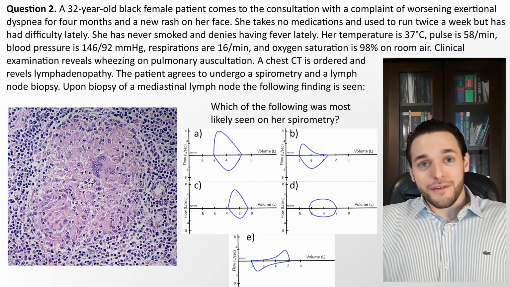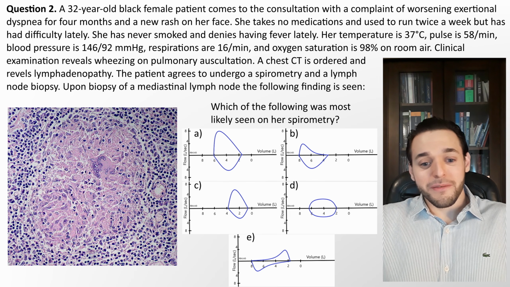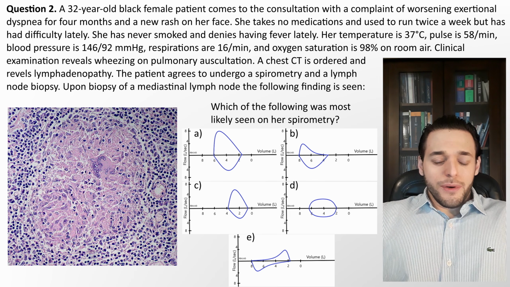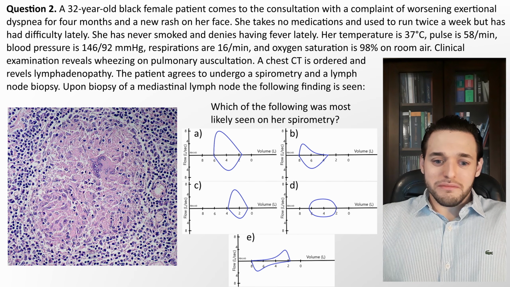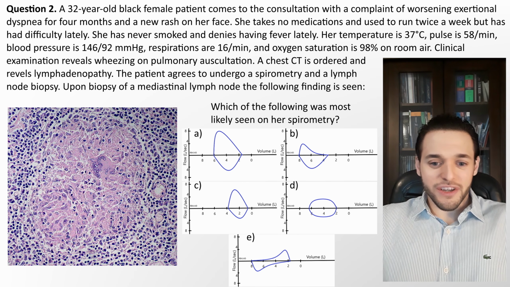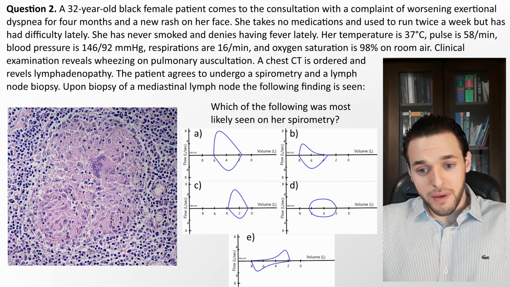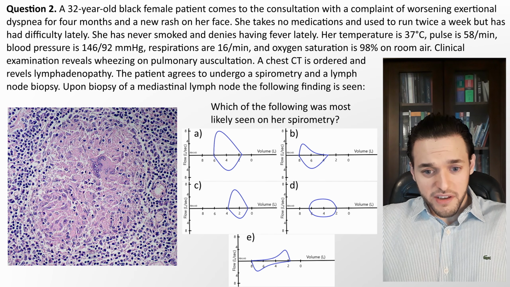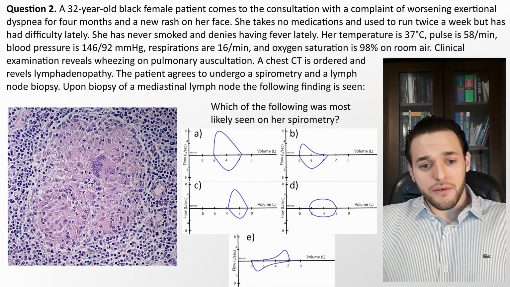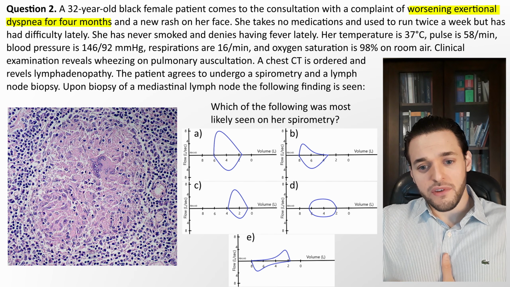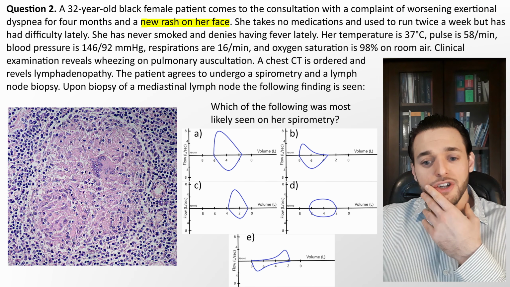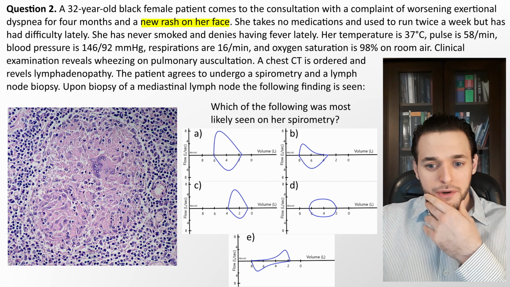So, of course, it has to do with the granulomas, and we have an extremely characteristic description here. The very same patient and ethnicity we would expect, the correct age, and we have respiratory symptoms, dyspnea, and a new rash on her face, lupus pernio.